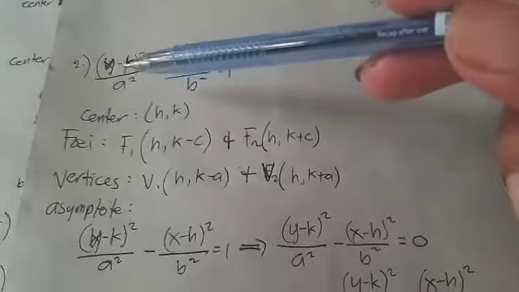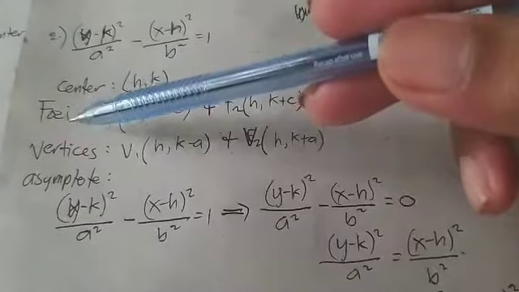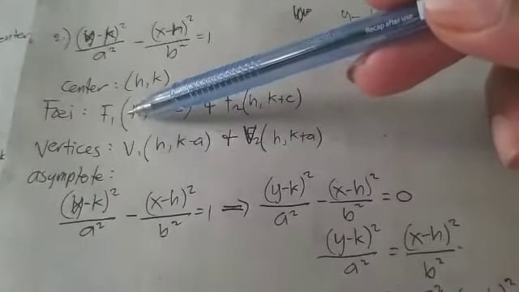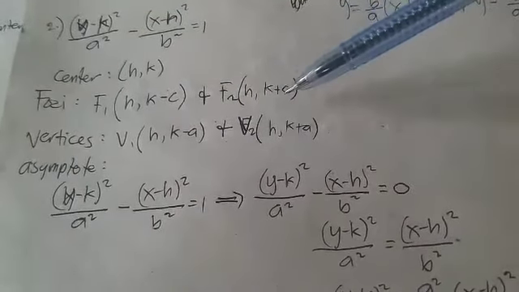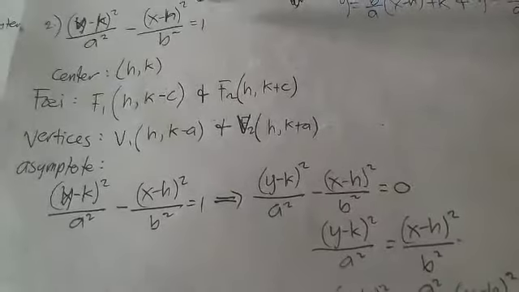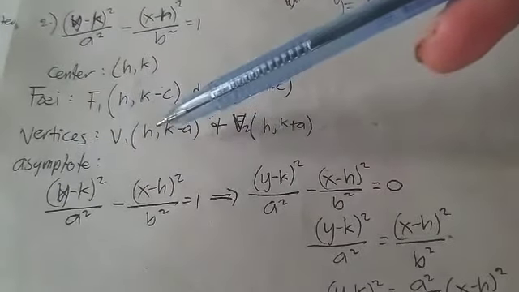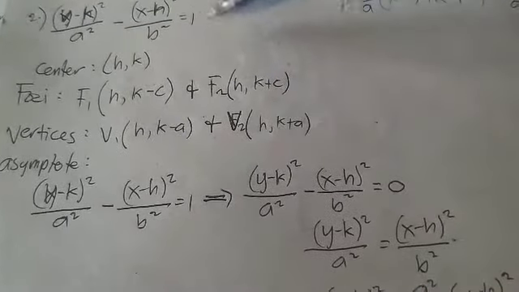Since vertical patindog along y, to identify the foci, dito na punta sa y magdugang or sa k. So remains h, value ni h, k minus c, and h, k plus c. Naman ta sa y. So the same ra pod mahitabo sa vertices. h, k minus a, and h, k plus a. Kaya naman ta sa y.